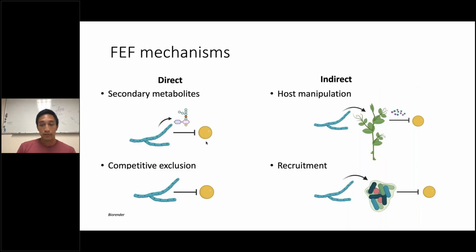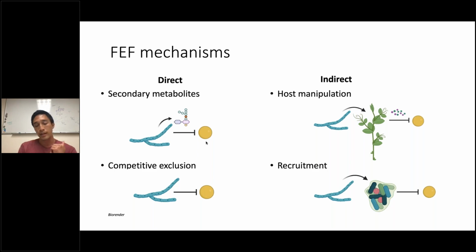Right, and so there are a bunch of different mechanisms that FEF are able to use to inhibit pathogens. There are direct mechanisms where they can release secondary metabolites, or simply competitively exclude the pathogens, so they're basically just taking up the real estate of the leaf.